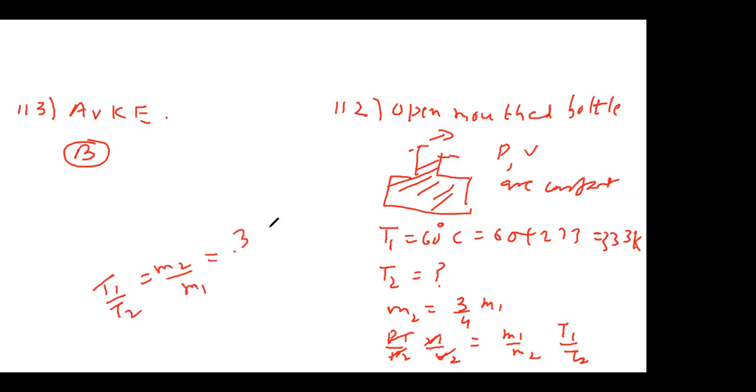M2 is 3/4 M1 upon M1. M1 M1 cancel. Therefore T2 is 4 by 3 times T1, which is 4 by 3 into 333. Cancel हो गया. So it is 444 Kelvin. है क्या 444 Kelvin?